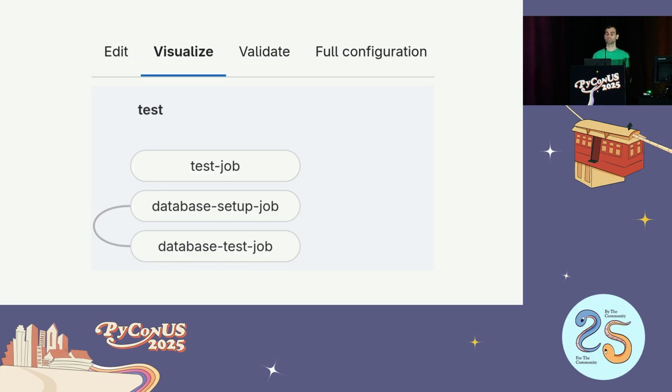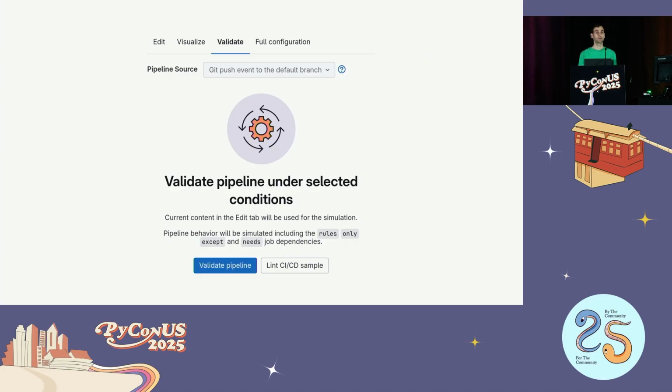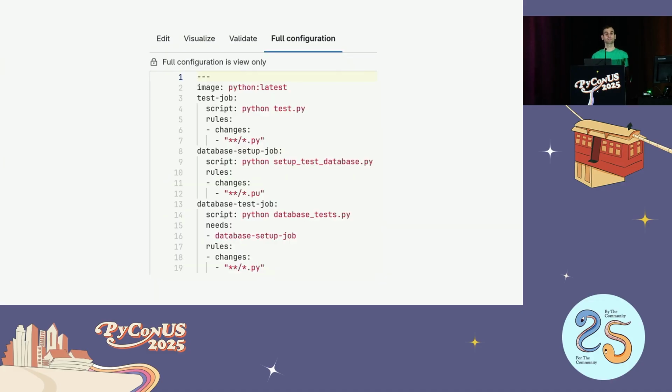They also have a visualizer, which gives you a quick way of helping you see the dependencies between jobs. They have a validator, which simulates a Git push event on the default branch with rules and needs evaluated. And finally, they have a tool to expand your YAML into its full configuration, which helps you see what the pipeline looks like with all the special syntax expanded.